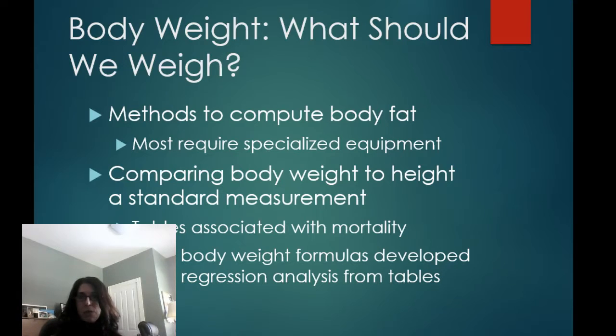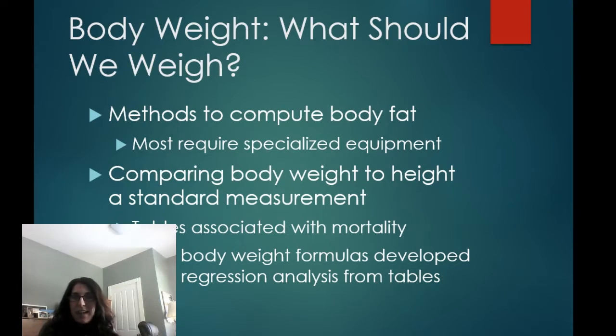There's tables that have been done that are associated with mortality. There's ideal body weight formulas. There is no perfect formula or table, quite frankly. Interestingly, the story goes, whether or not it's true, I don't know, the Metropolitan Life tables were used to determine ideal body weight, but the subjects that they used to do these regression calculations were smokers, and they tend to be on the leaner side.